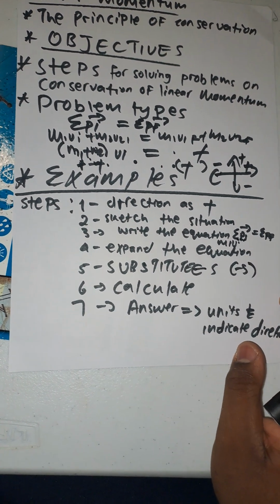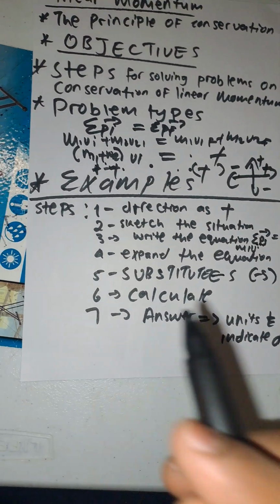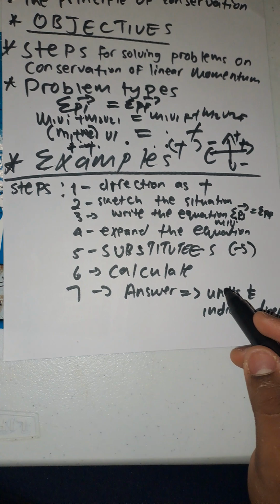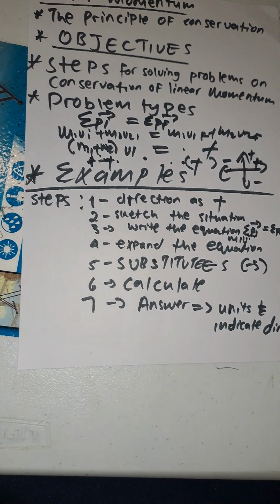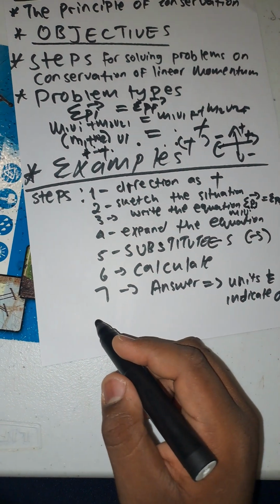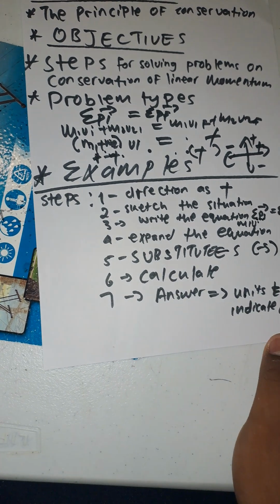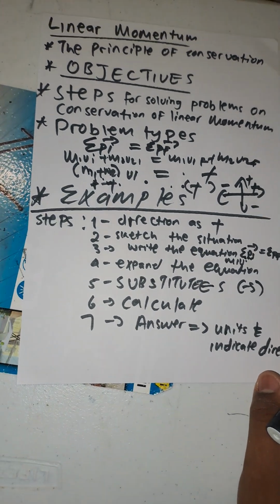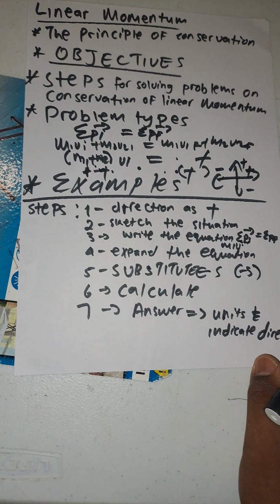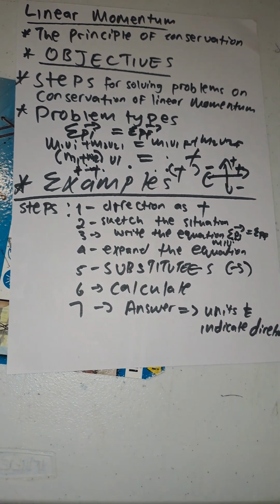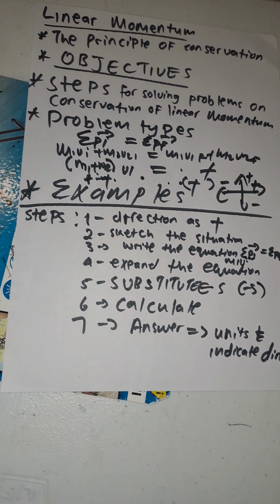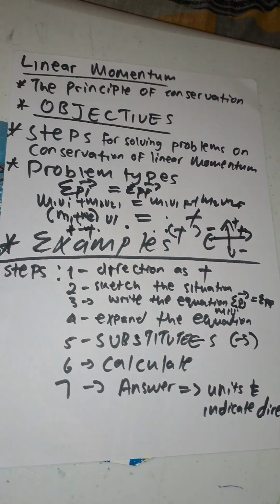Number 6, you calculate the answer, and finally you get your answer, include units and indicate the direction. This is very important. Always remember to include the units in your answer, because it has marks. And remember that the positive or negative sign represents the direction. Okay, so now let's check the problem types.